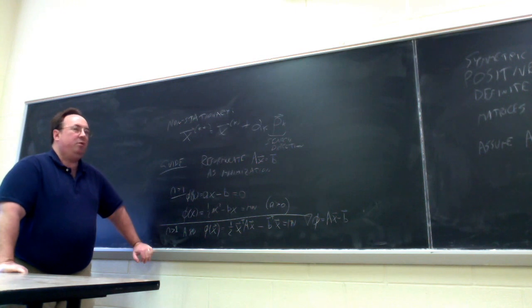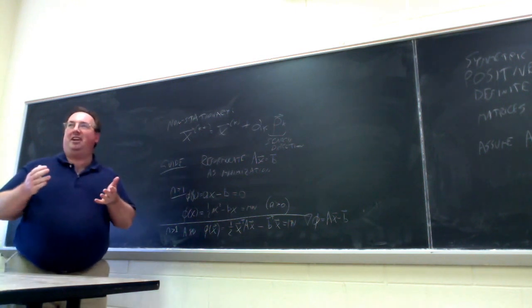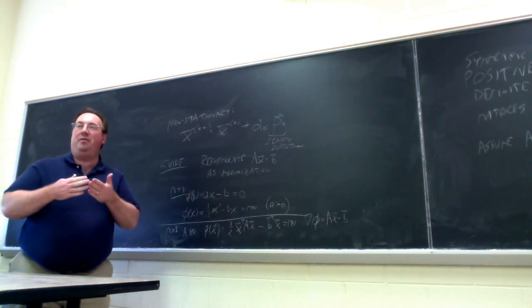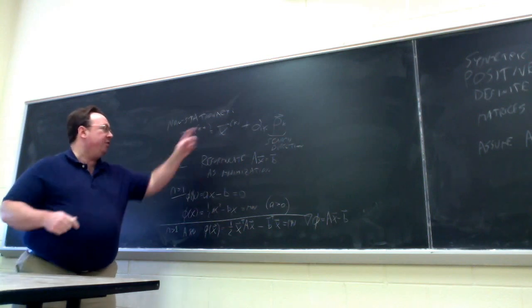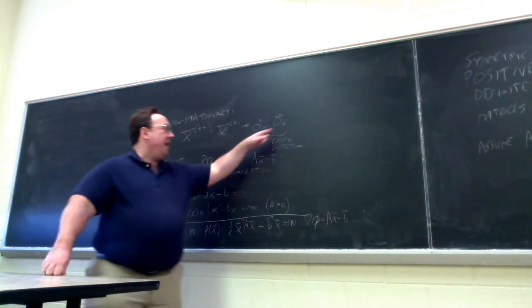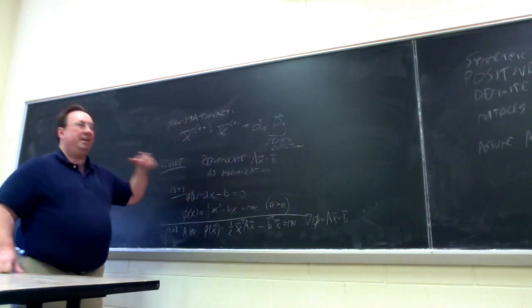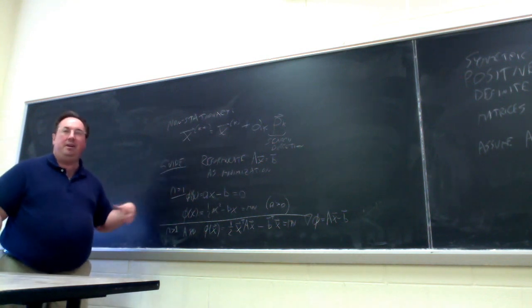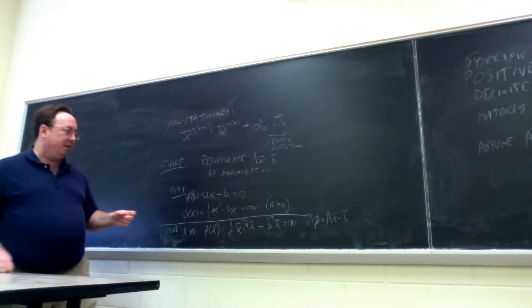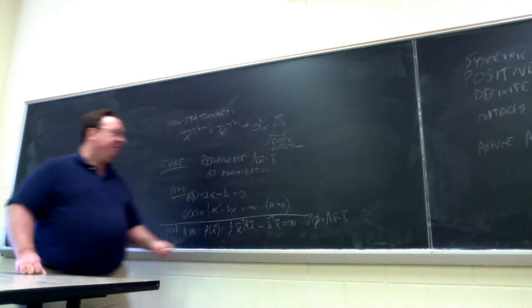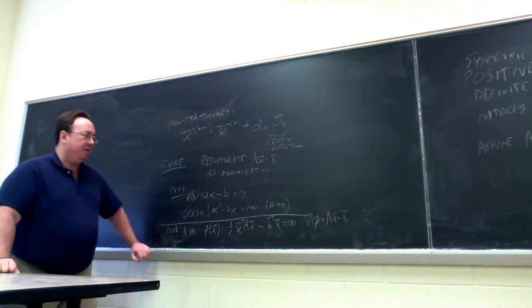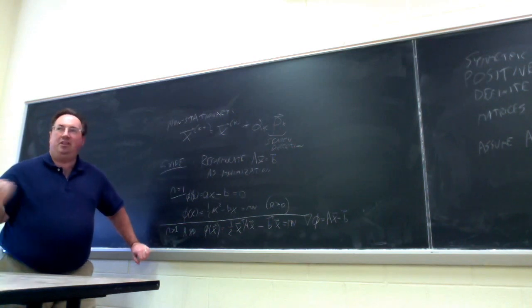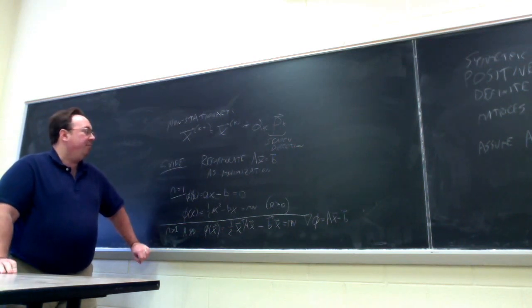So from a given point, if we make an initial guess, say x naught is 0, from x0 we want to head out along a certain direction to get to x1 and so forth. From x naught, we can compute our gradient, which in that case would just be minus b, if we assume that our initial guess is 0. But the point is we have a gradient.